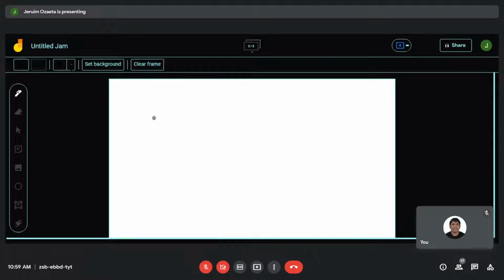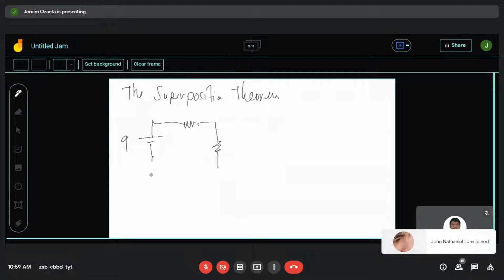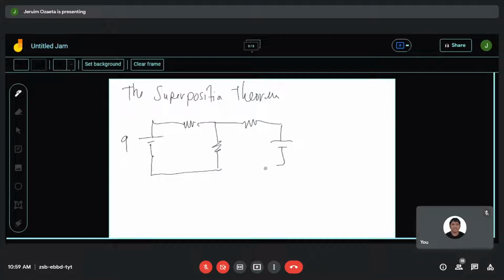Okay. Now we have another theorem, the superposition. Let's take the same circuit. This is 9 volts. Take note of the signs of the polarity of battery, which are arbitrary.